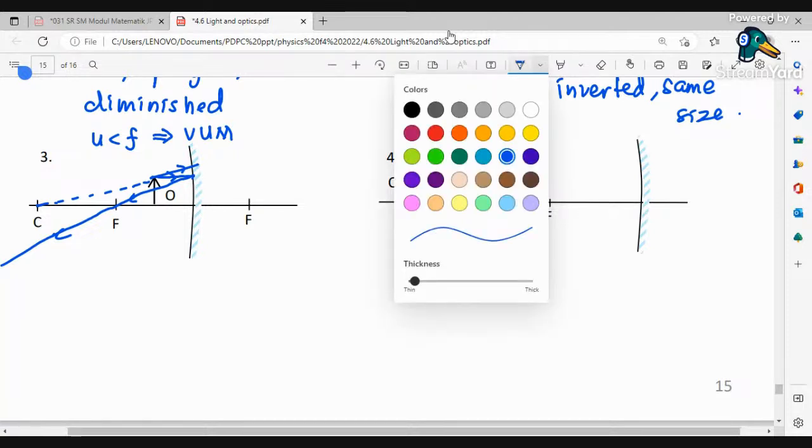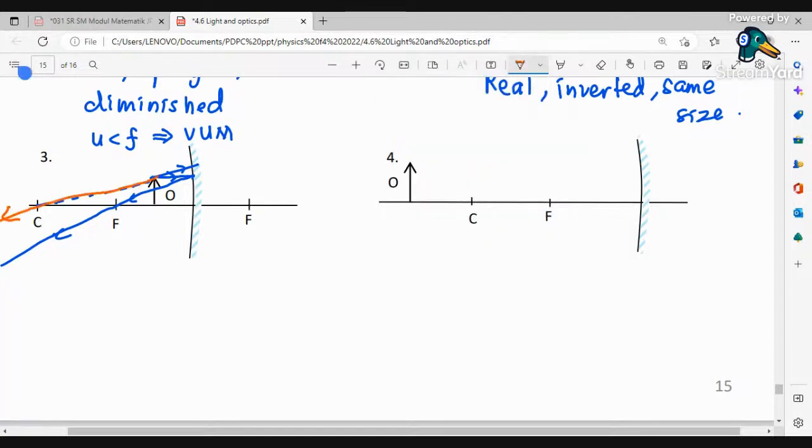Directed at 90 degrees to the mirror, reflect through C. In front of the mirror, the two light rays will never meet, so there is no real image.